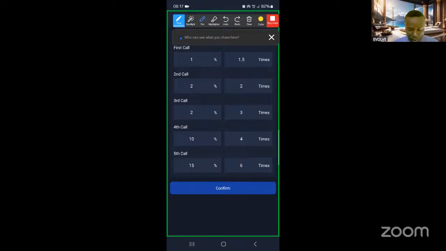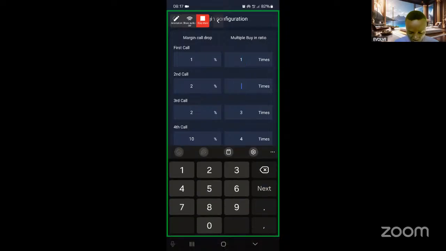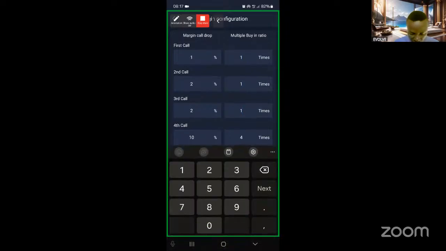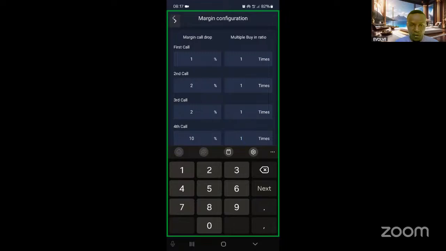The custom ratios start from 1.5, that is the margin call number 1. We go to 2, 3, 4, 6. In fact, I'd forgotten. The linear one is 1, 1, 1. You just put here 1, 1, 1. If you are using the linear, it's 1, 1, 1.